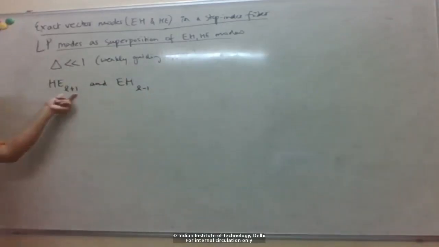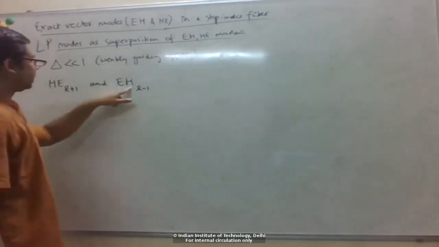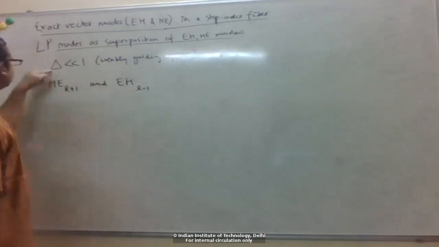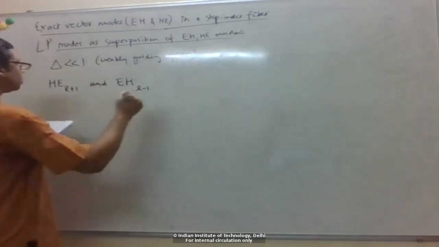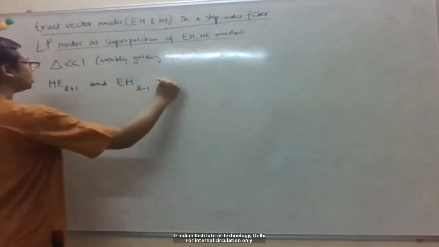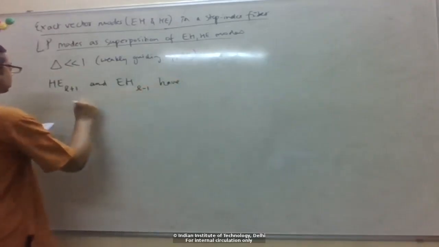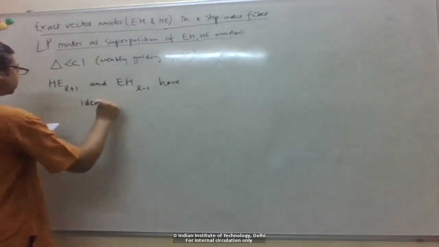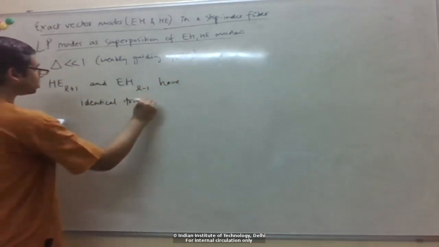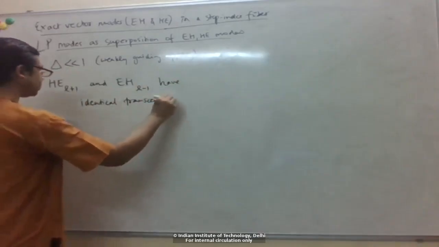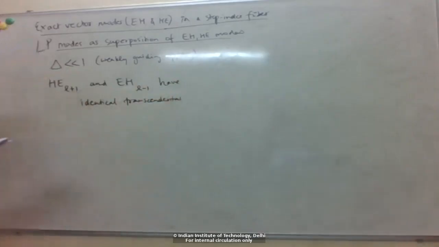If you look at those transcendental equations for the HE mode, the equation for L plus 1, and for the EH mode the equation for L minus 1 in this limit, the transcendental equations become identical. Again, if you want to explicitly see that, you have to go and see the actual transcendental equation.